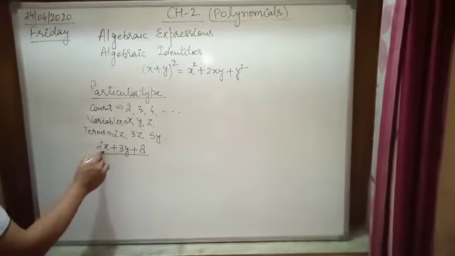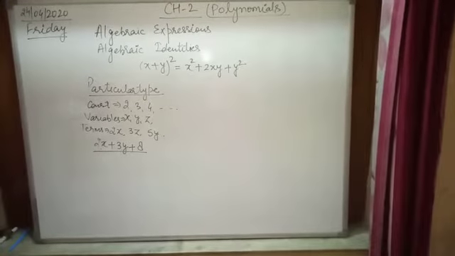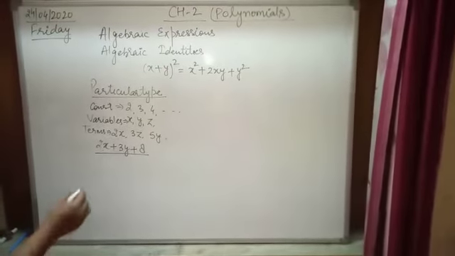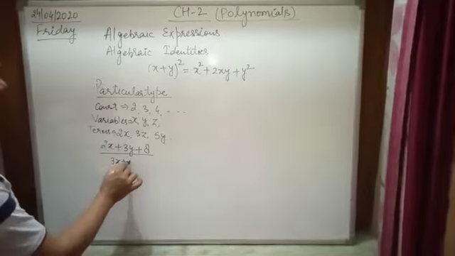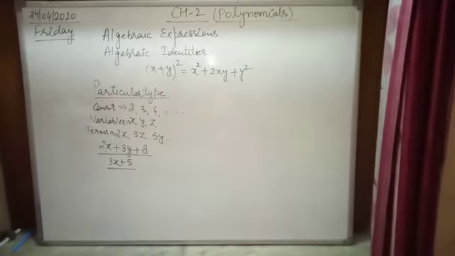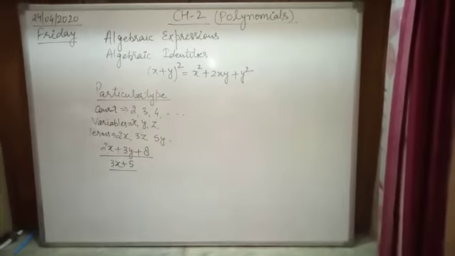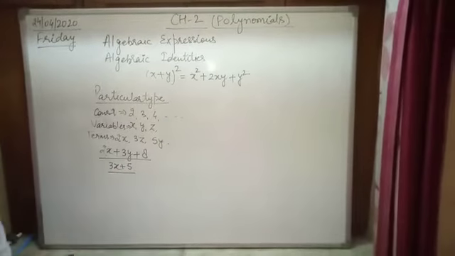First term is 2x, second term is 3y, and the third term is 8. If we are writing only, suppose, 3x plus 5, this is also a polynomial. It has only 2 terms. One term is 3x and the second term is 5.